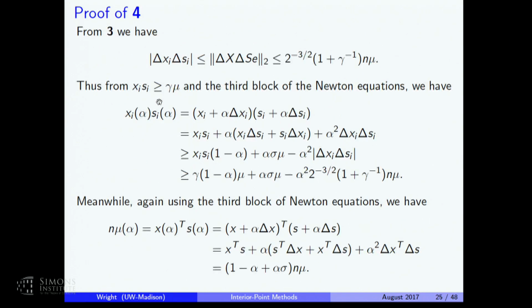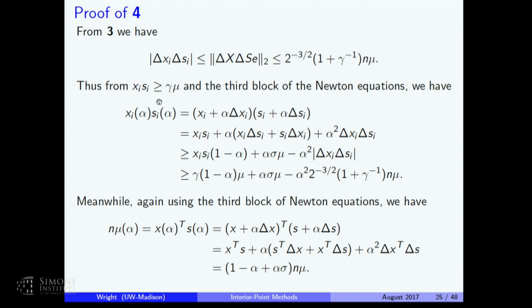The last term here, we just worked hard to bound that term: the nonlinearity, the product of the two steps, primal and dual. We've got an upper bound on that, and that's what I use there. That comes right out of Formula 3. So I'm able to lower bound the xi-si by this quantity, which is quadratic in alpha.